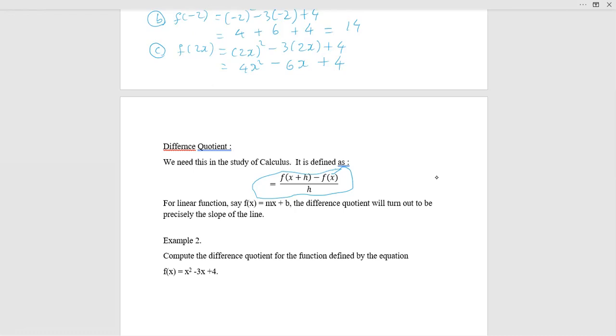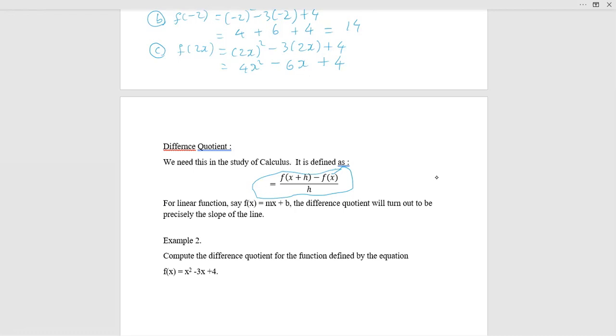We need this in the study of calculus, and the difference quotient is defined by this: f(x plus h) minus f(x), divided by h. For given functions, we're going to find this difference quotient.